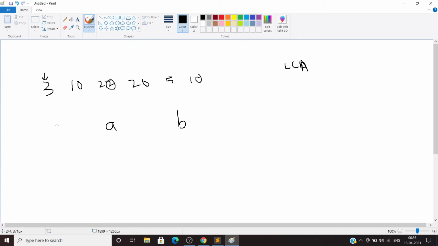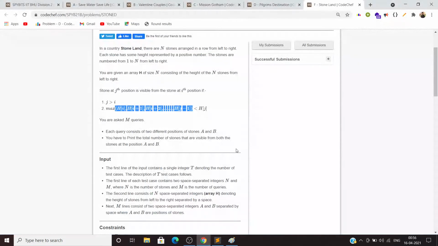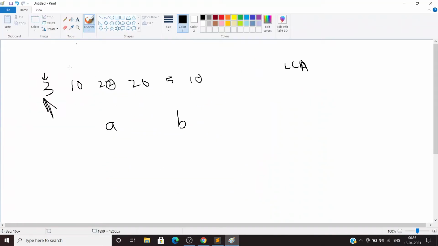Let's suppose we are given A as this position, in the example it is 1 and 2, and B is given this position. So 3 can see 10, 20, and 50.